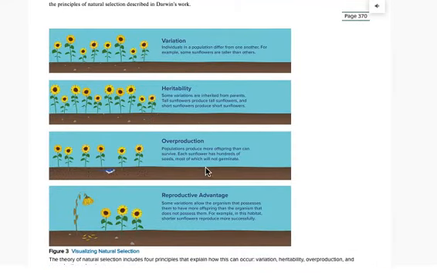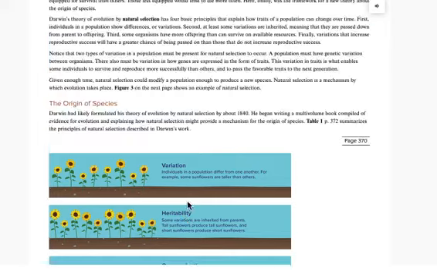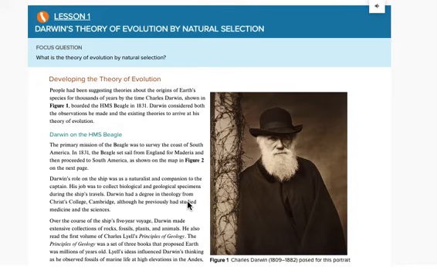He actually only used the word evolution once, and that was on the very last page of his book. The rest of his book was all about how some organisms are varied, they inherit and pass down their traits, some organisms don't survive, and that gives some a reproductive advantage. So that's Darwin's theory of evolution by natural selection.